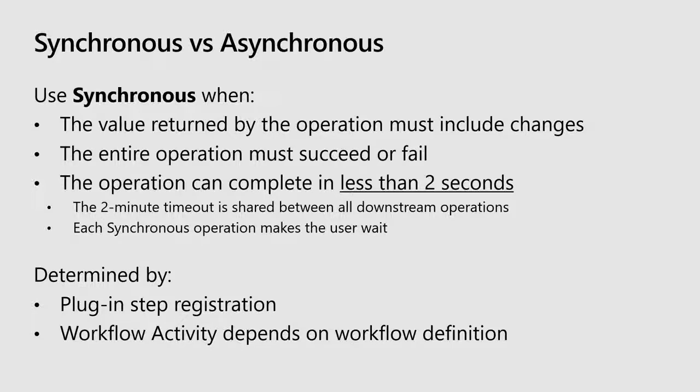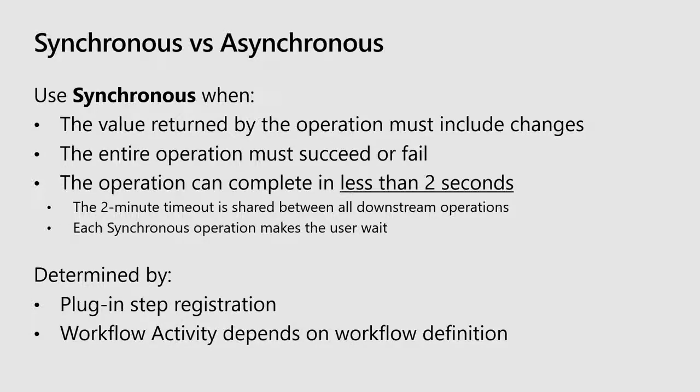And for synchronous operations, think about the user experience and think about, can this be completed in 2 seconds or less? Now, 2 seconds, you may think, okay, as plugin developers, those of you who know that there's a 2-minute timeout. But the key thing to think about is that your plugins aren't the only ones necessarily running in the system. And so, targeting very quick and light operations that can occur synchronously greatly impacts the performance experience of the app.